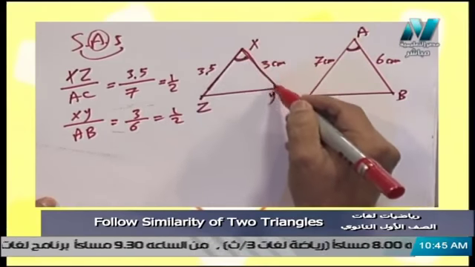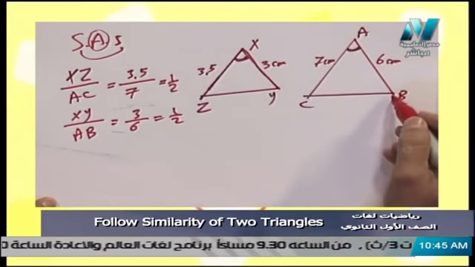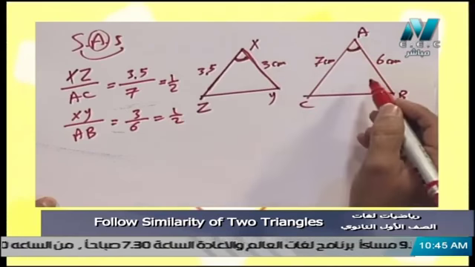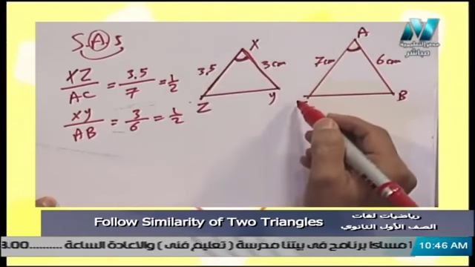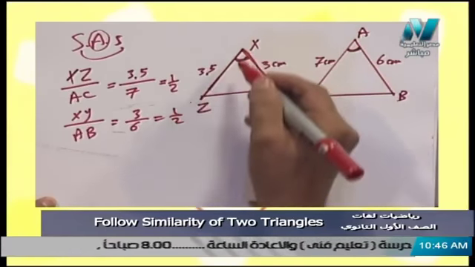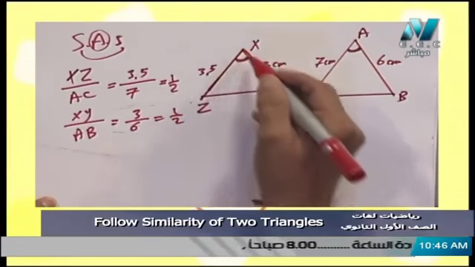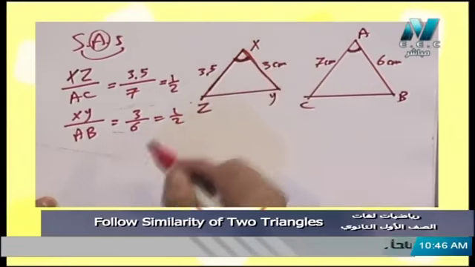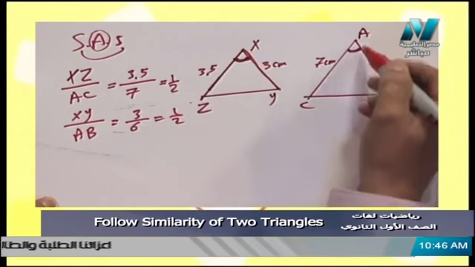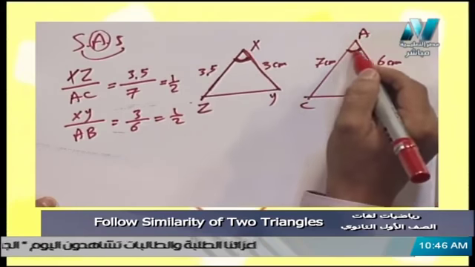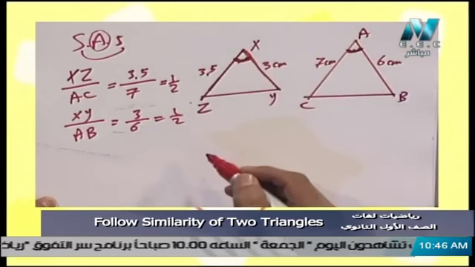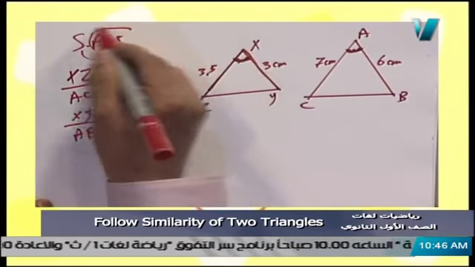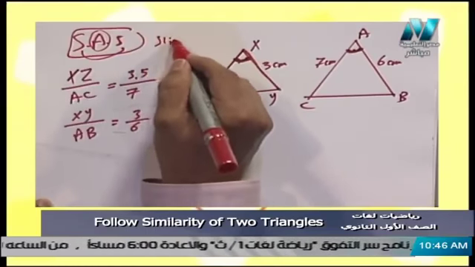XY and AB are corresponding sides, and they are proportional because the ratio equals XZ over AC. And concentrate carefully that each two sides here include the angle X, and each of the two sides here include the angle A, which are equal to each other in measure. So it will be SAS similarity.